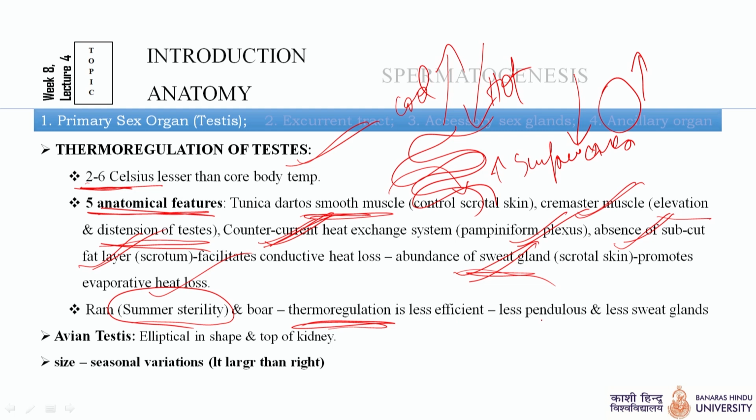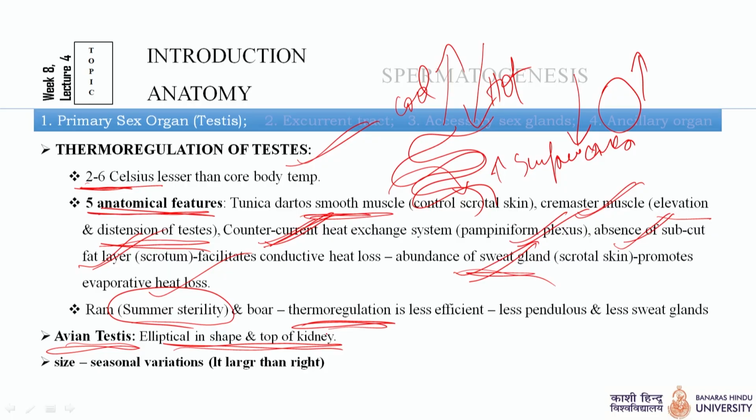And then in the avian testis, it is elliptical in shape and usually present on the top of the kidney. Now, as you know, body temperature is quite high and the testis is present inside the body, intra-abdominal. So how is it maintaining spermatogenesis, or forming spermatozoa? By three important mechanisms.